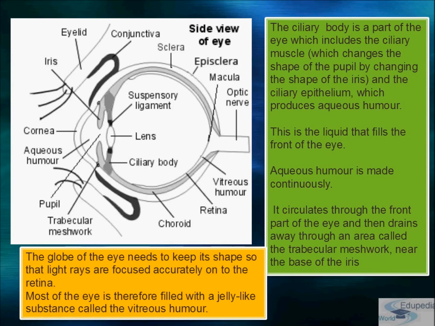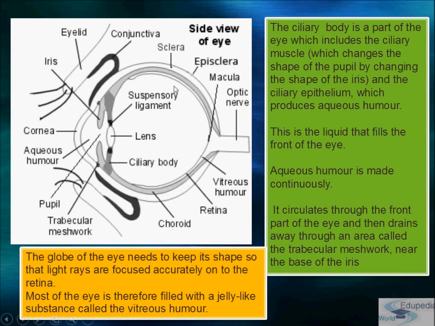And they help in producing aqueous humor. Aqueous humor is filled here. Aqueous humor is a liquid that fills the front of the eye. It is a thin watery fluid known as aqueous humor. Or you can say that the entire eyeball, this is your eyeball.